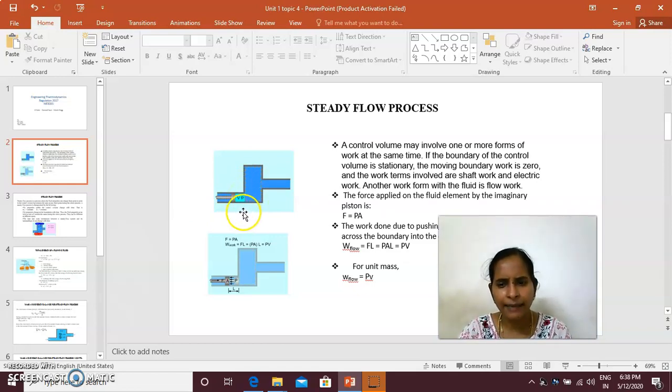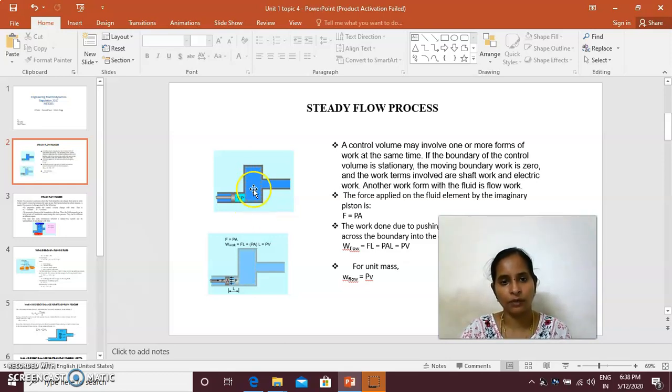It is not the same as the boundary, because the boundary may change its shape, but the control surface will not change. It is in a fixed position. The volume inside the control surface is called the control volume.